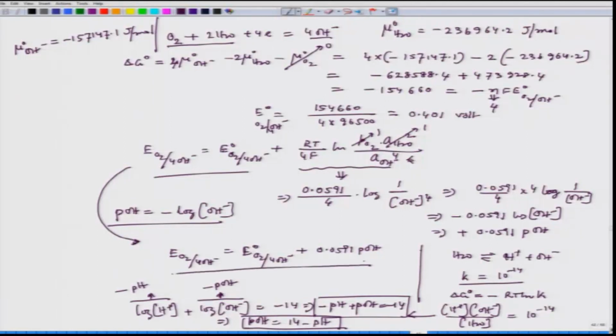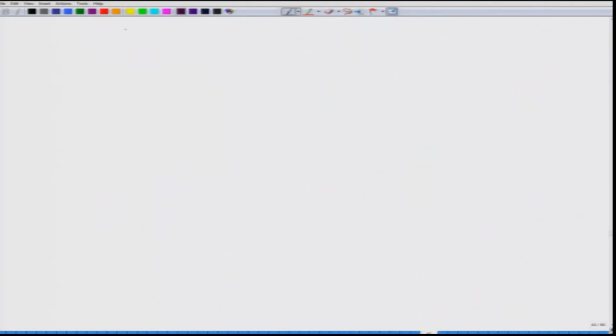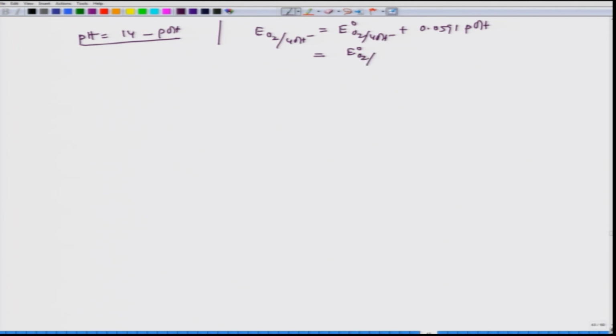So, we have this reaction equation. I can start with this, since pH equal to 14 minus POH, and also we know E O2 4 OH minus equal to E0 O2 4 OH minus plus 0.0591 POH, which would be equal to E0 O2 4 OH minus plus 0.0591 into 14 minus pH.